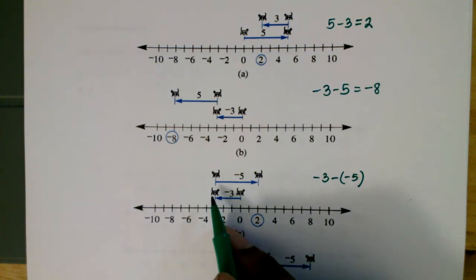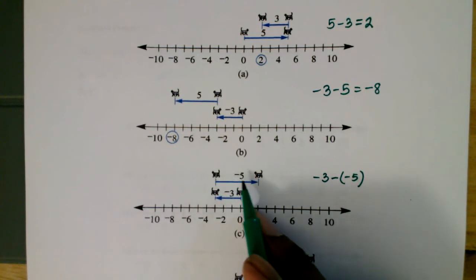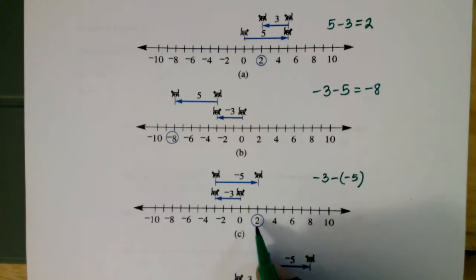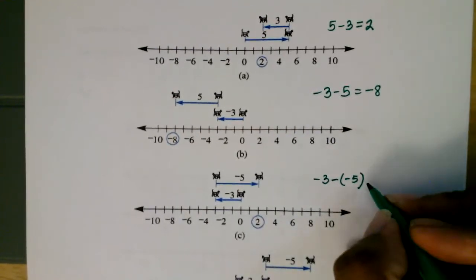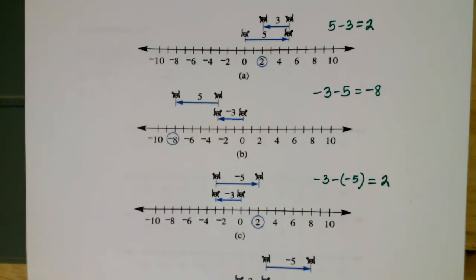And then we're subtracting, so the cat will be facing in the negative direction, like this. And then that cat's going to be walking backwards 5 because it's negative 5. So we walk backwards 5 places. We end up at positive 2. So negative 3 minus a negative 5 would be 2.